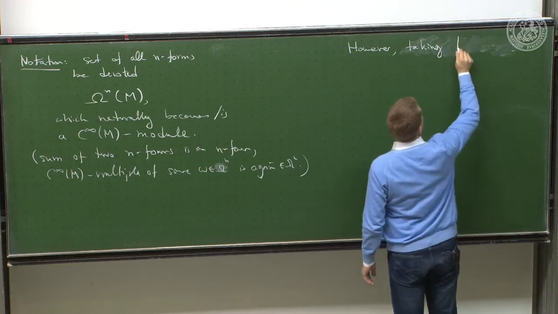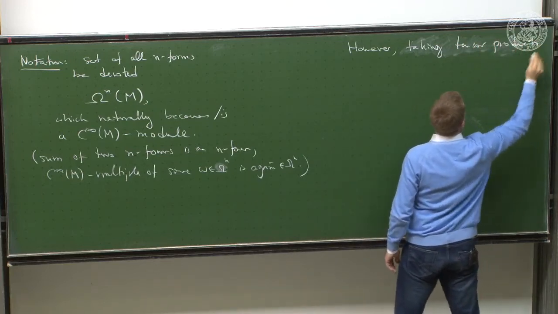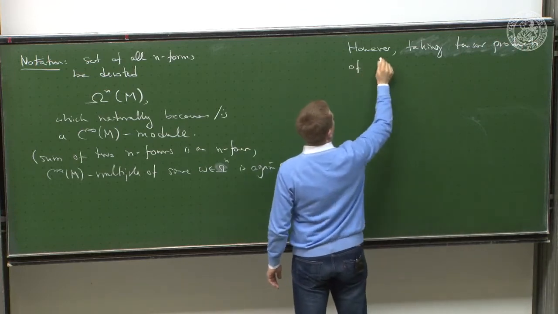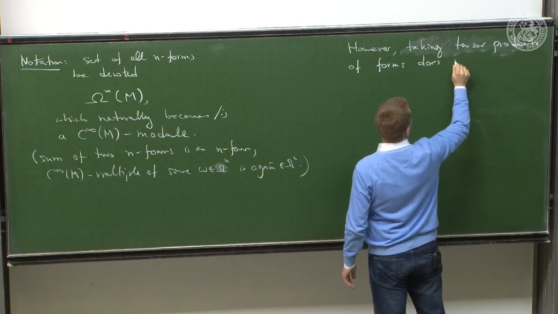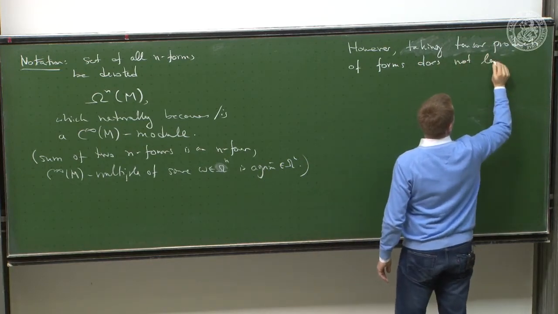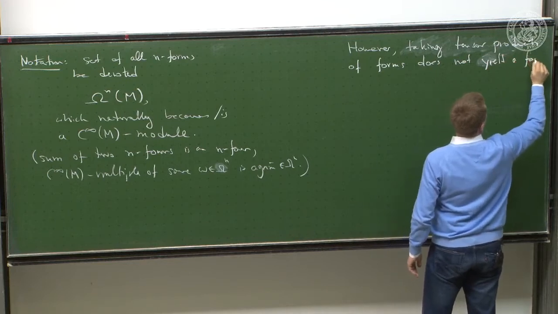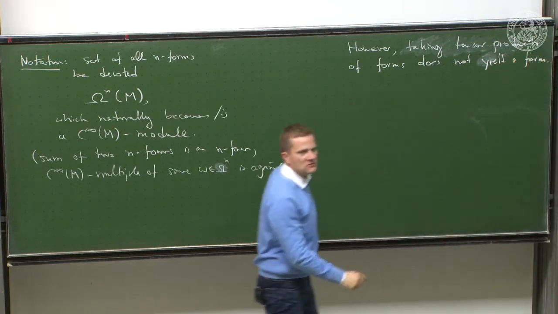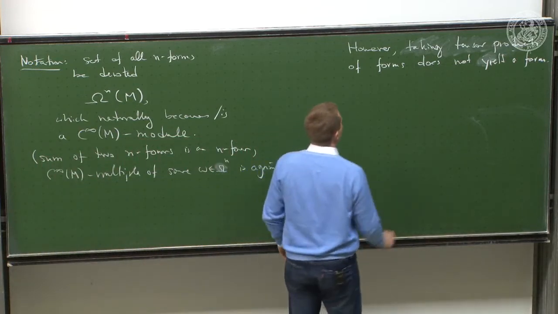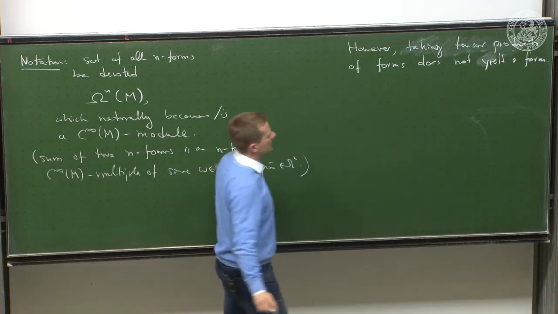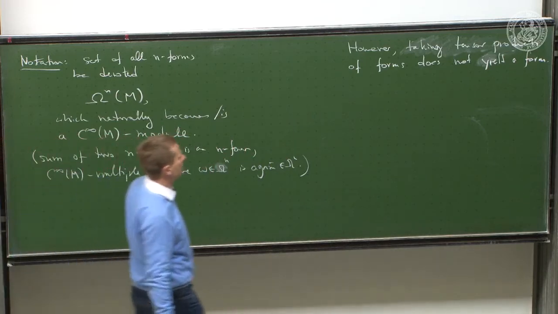Taking tensor products of forms does not yield a form, unless one of the forms was a zero-form. Okay, generically it doesn't. But we would like to have a kind of tensor product that again yields a form.